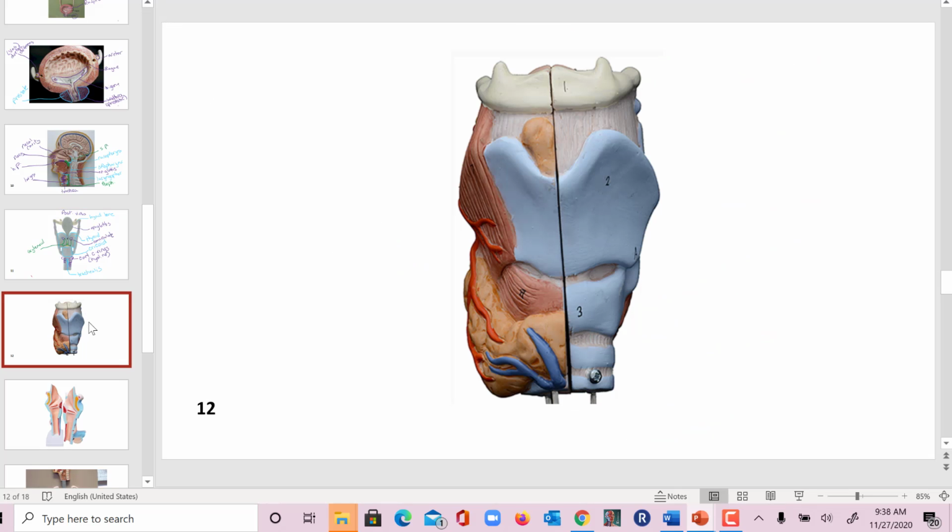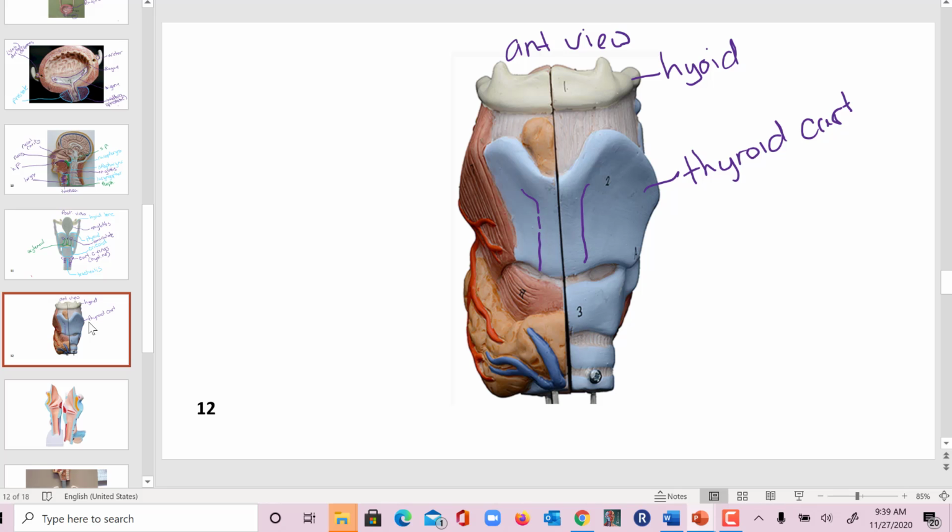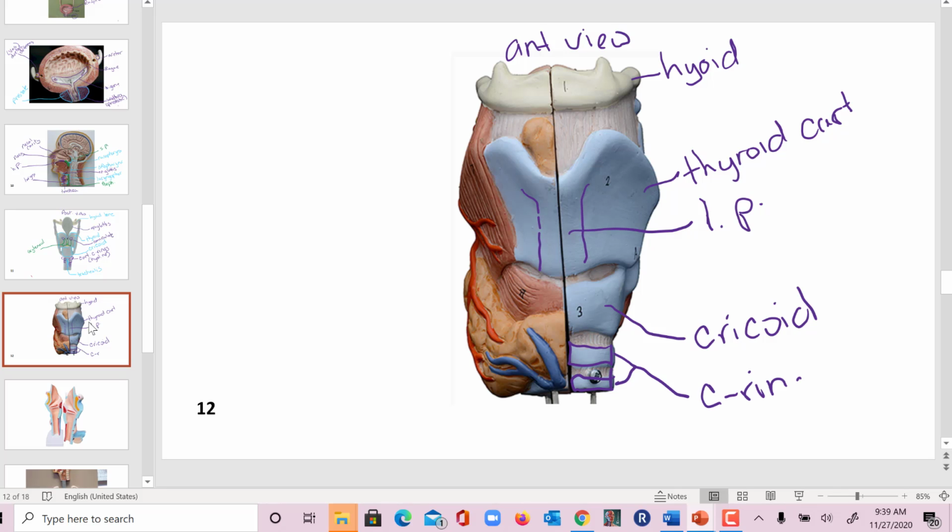Okay, now here is the anterior view. Again, we see the hyoid bone, the thyroid cartilage, with the laryngeal prominence, in case you want to know about that, or Adam's apple. Here's your cricoid. And here are two C-rings around the trachea.